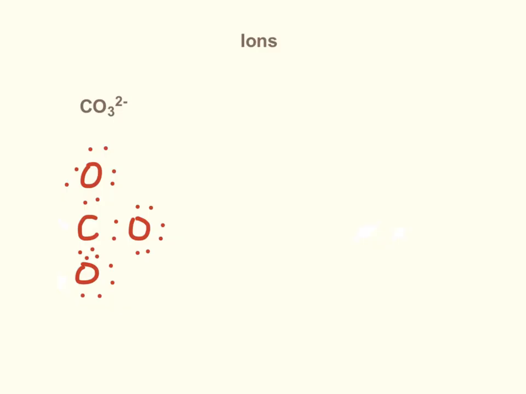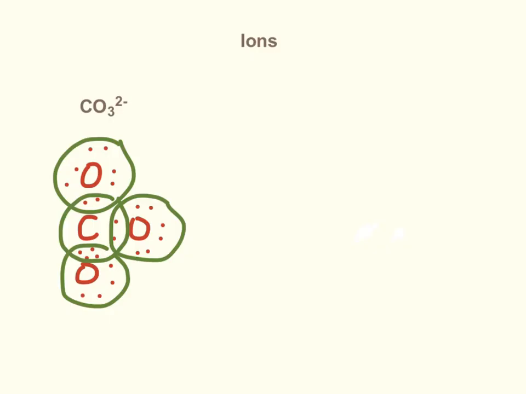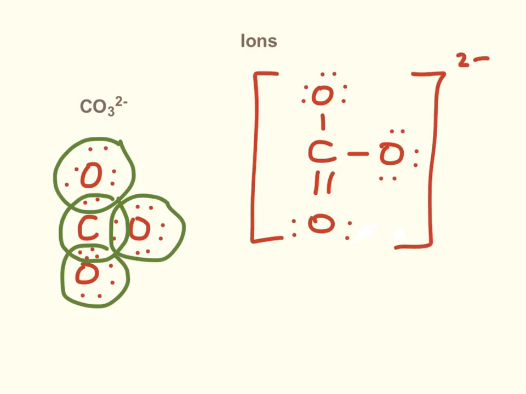Now all 4 atoms have 8 electrons around and therefore fulfilled octets. By replacing the shared electrons with dashed lines, we will get this final formula here. Let's not forget this ion has a charge of -2 and we will have to place this molecule into brackets and indicate that negative charge.